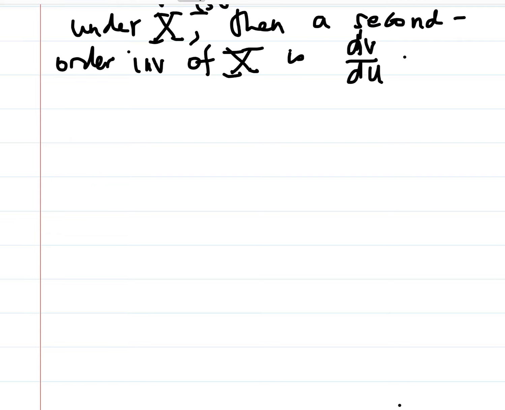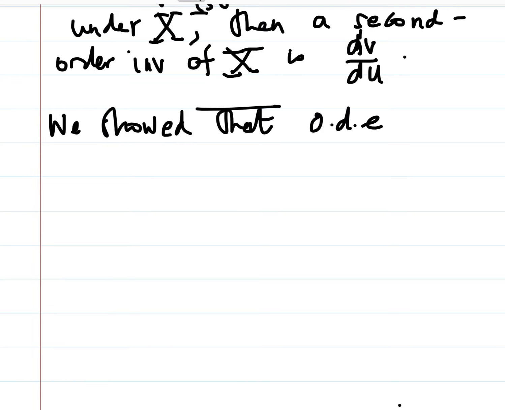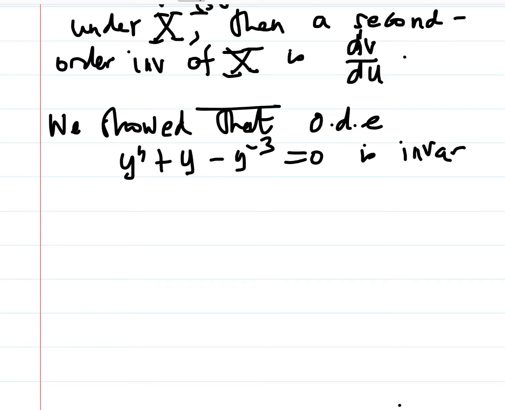So in that last example, and I'll take the easier one, we showed in the previous lecture that the ordinary differential equation y double dashed plus y minus y to the minus 3 equals 0 is invariant under a number of vector fields.